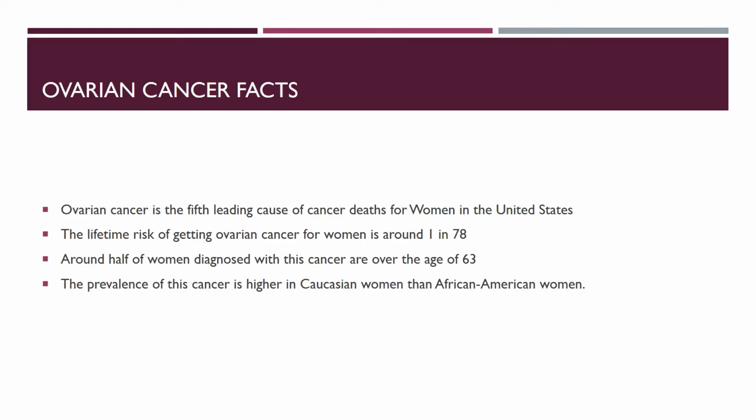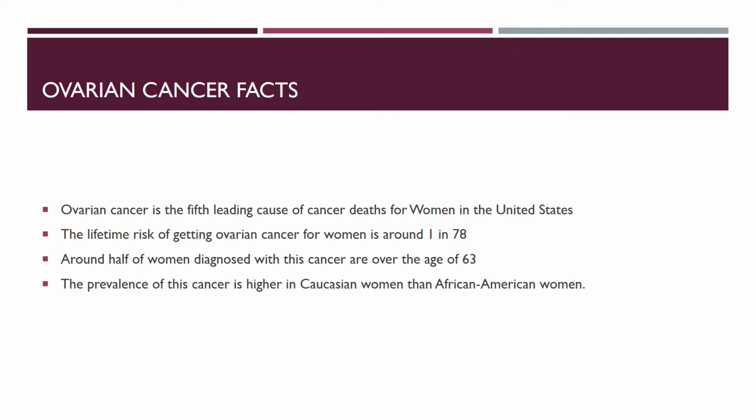So let's just start off by talking about ovarian cancer. It's the fifth leading cause of cancer deaths for women in the United States, and it's pretty common. The lifetime risk of getting ovarian cancer for women is around 1 in 78, so it is fairly evident in the population.